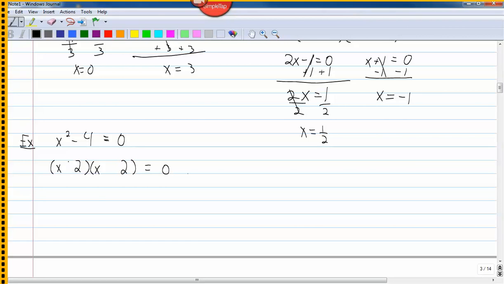And then you simply put a plus with one parentheses and a minus with the other. Okay, and that's how it factors. So then if you want to solve it, you can go down, set each factor equal to 0 and solve.